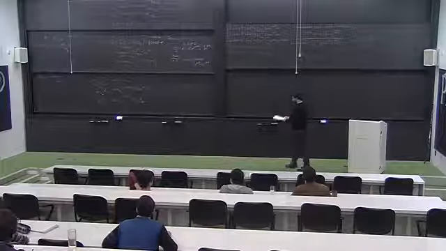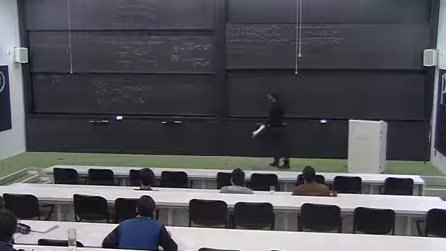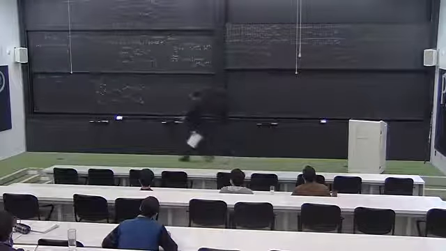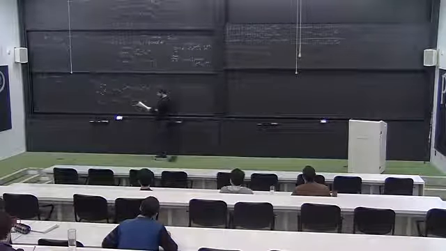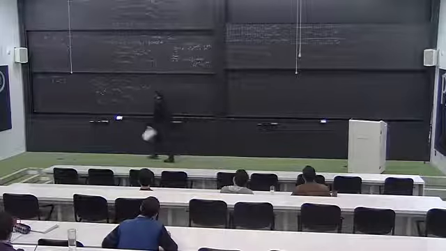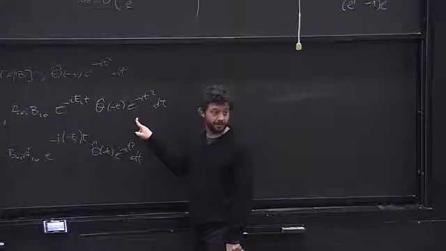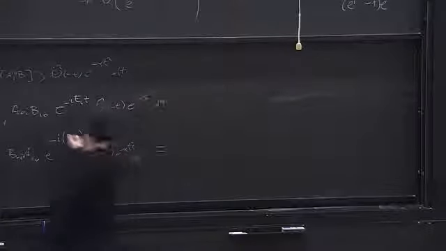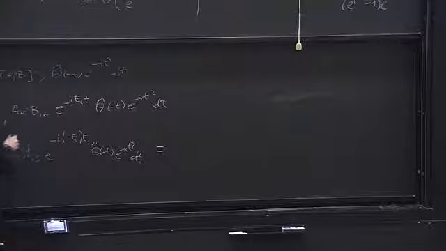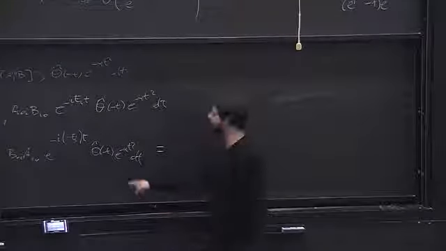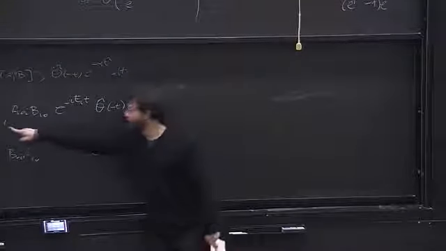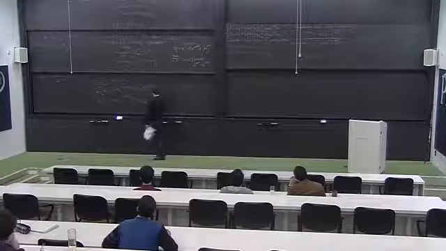Okay. Well, so you see, this part is 1 plus order that thing. Times this, right? So we have, but what is this? This is AB.